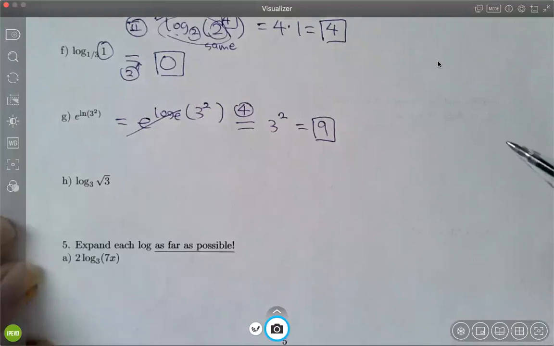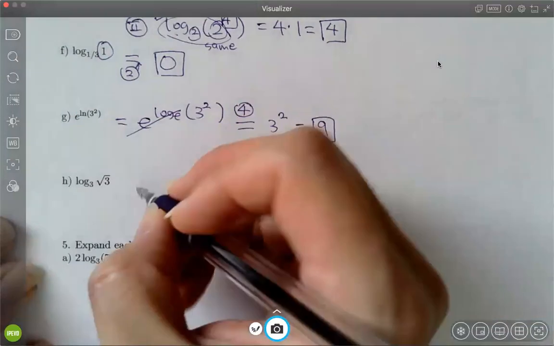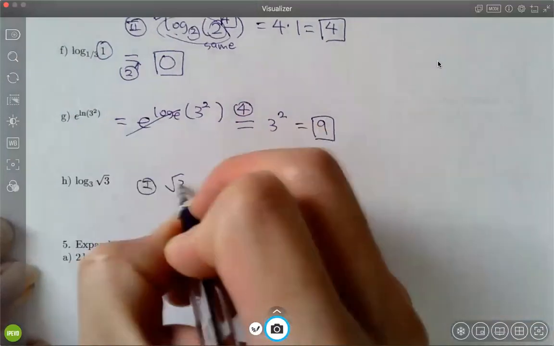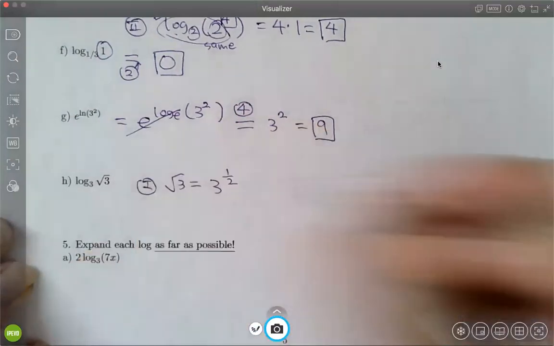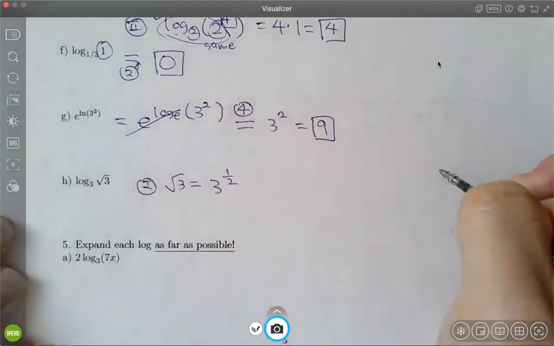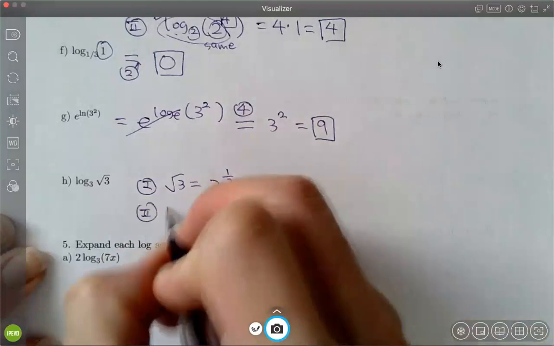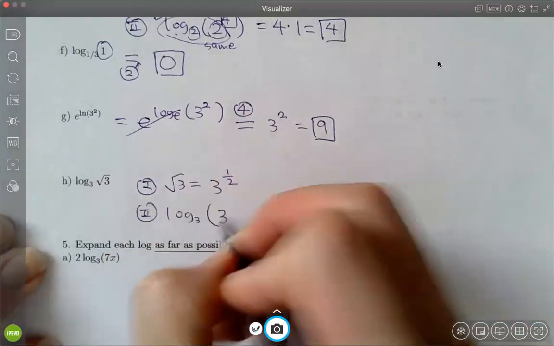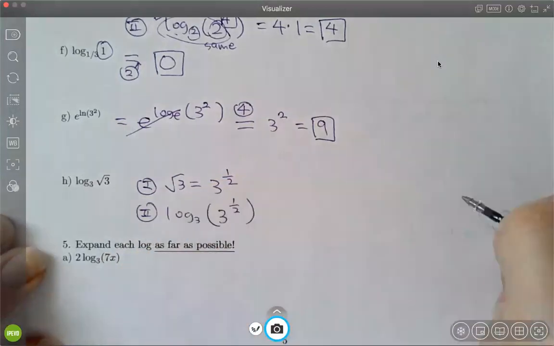So what do you do? The square root of 3 is 3 to the 1/2 power. So what do you have? Log base 3 of 3 to the power 1/2. Hopefully at this point you can see what the answer is.